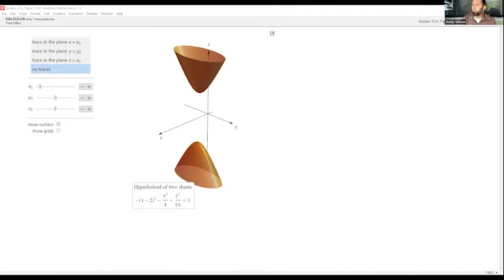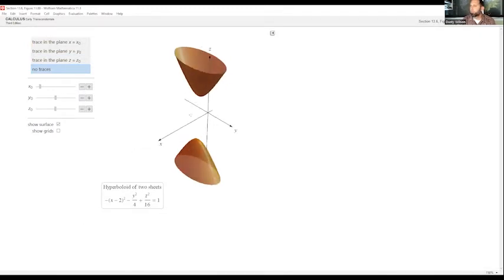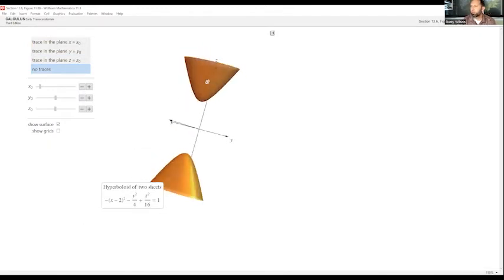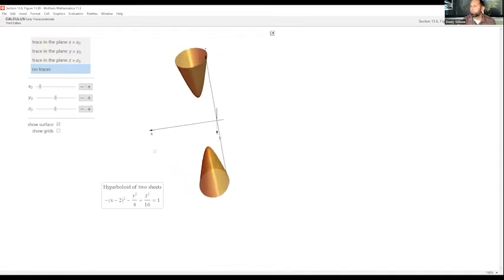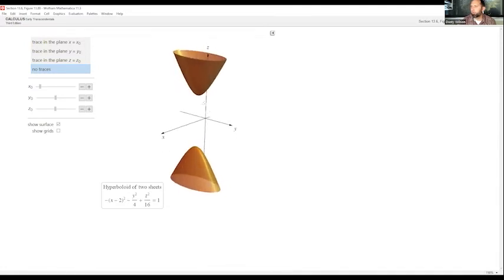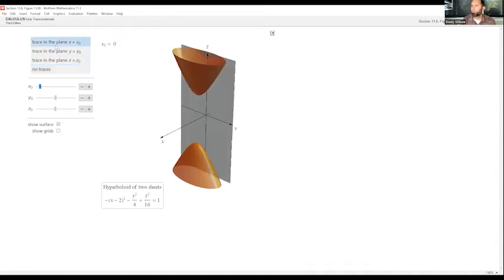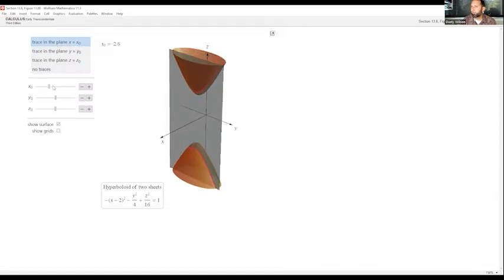And finally, we have the hyperboloid of two sheets because there are two little sections. It almost looks like two elliptic paraboloids, one on top of the other, but these aren't paraboloids. These are parts of a hyperboloid of two sheets. So if we look at the traces in the plane x equals x naught, you'll see those hyperbolas showing up.